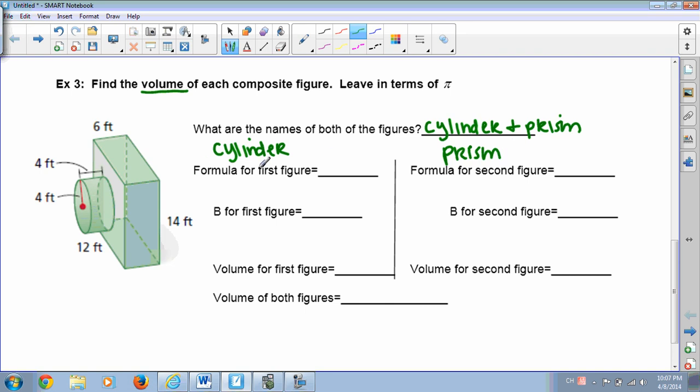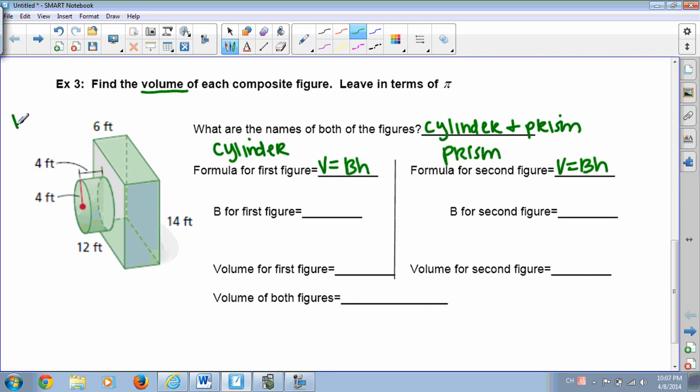Okay, formula for the first figure, volume of a cylinder. You look at your formula chart, it's just big B times H. And volume of a prism is also big B times H. Okay, let's focus on the cylinder. The area of our base, or our big B, the base of our cylinder is obviously a circle.